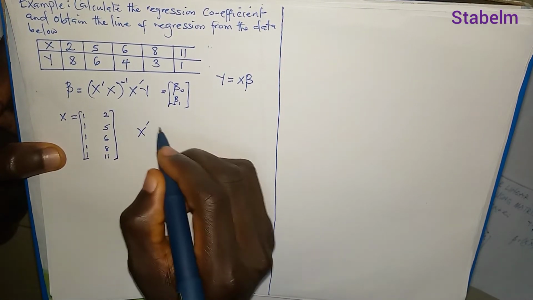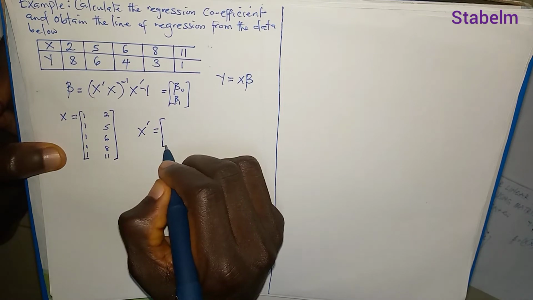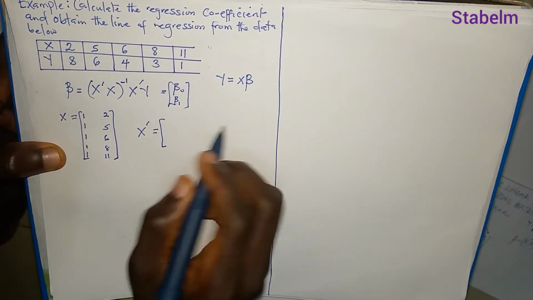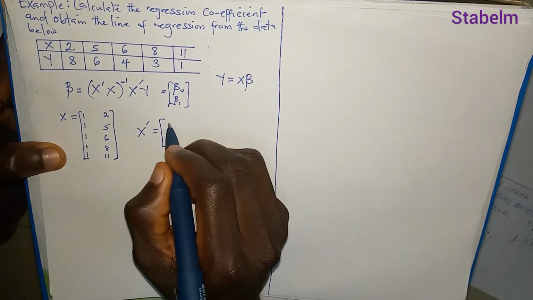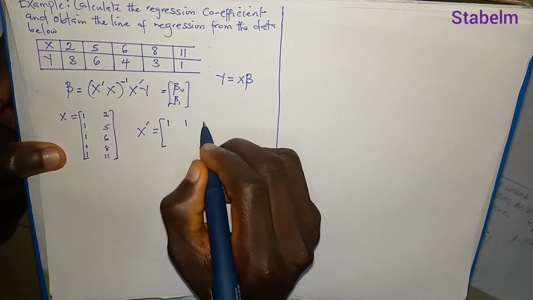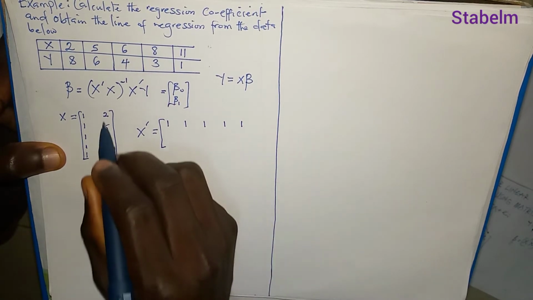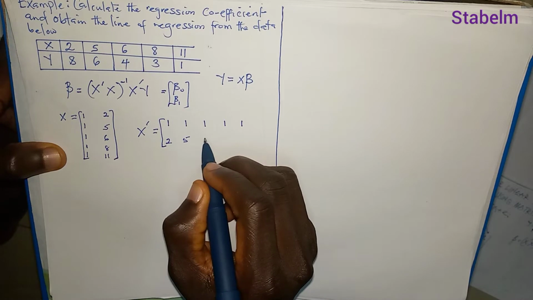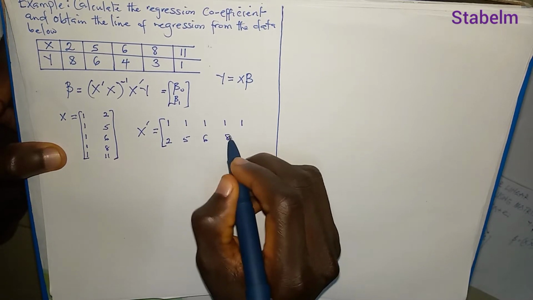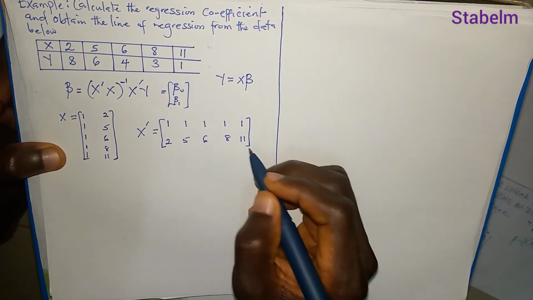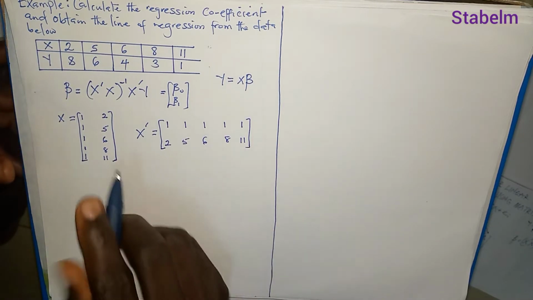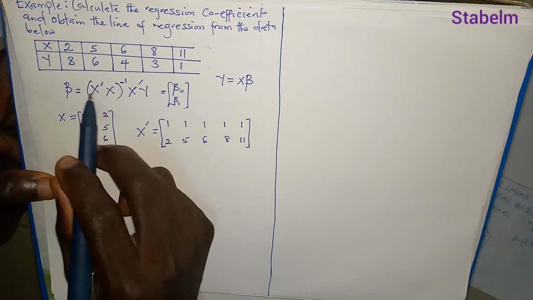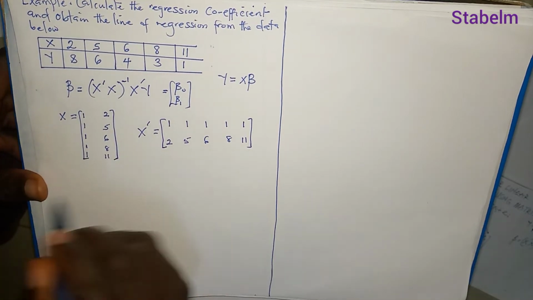Now our x prime is the transpose of this x. The column here becomes the row, and the row becomes the column. So here we have 1, 2, 3, 4, 5 and this becomes the row, then 2, 5, 6, 8, 11. Now we need to multiply x prime x. I want to multiply these together to get the other matrix.